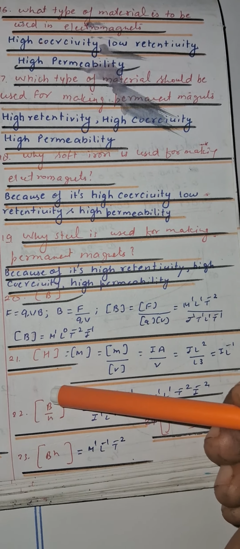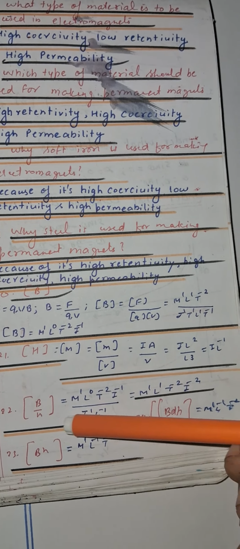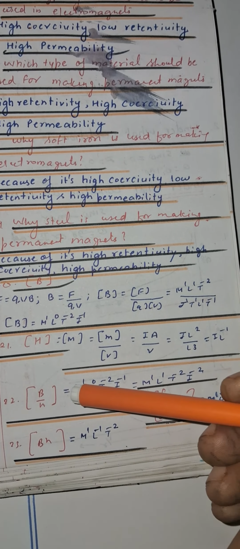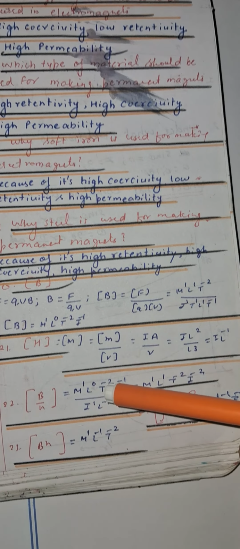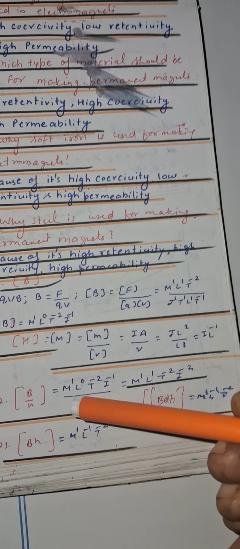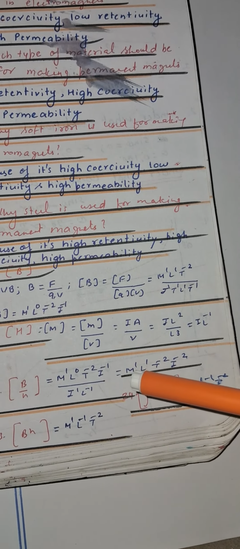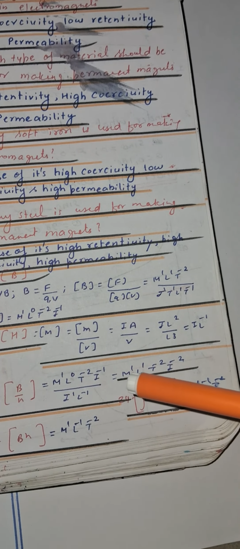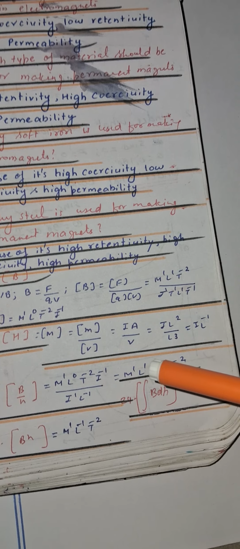Then we have the dimensional formula for B by H. As we have calculated, the dimensional formula of magnetic field is M1 L0 T minus 2 I minus 1, and that of magnetizing field is I1 L minus 1. So from here, the dimensional formula of B by H will be M1 L1 T minus 2 I minus 2.